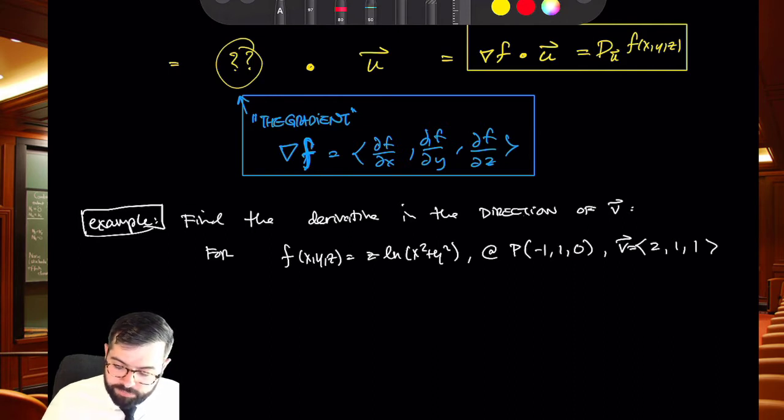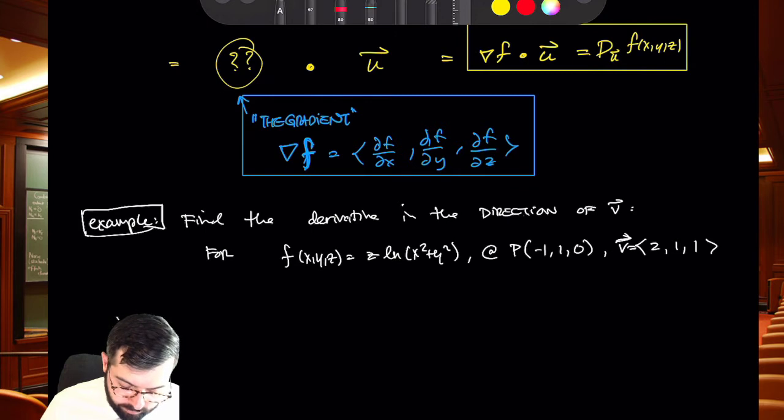So we're looking for the rate of change in a given direction. We've got to make sure that our direction vector is a unit vector, right? So we've got to drive that magnitude to 1 if it doesn't have magnitude 1. This one does not, right?